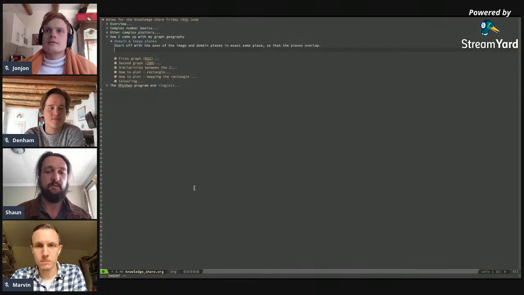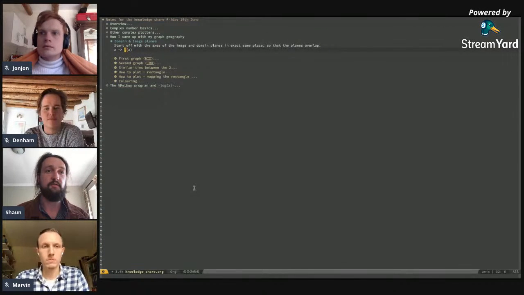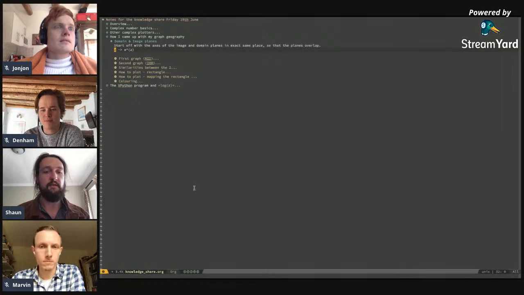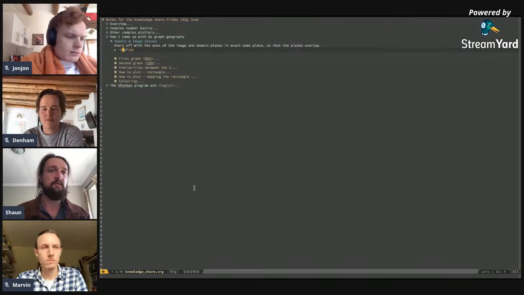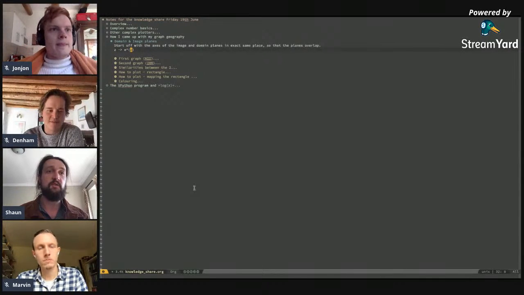So you might have Z gets mapped to f of Z, some function of Z, maybe e to the Z. Over here is the domain, and over here is the image. All the points, which is basically the whole complex plane, get mapped somewhere, and with these functions specifically, both the domain and the image planes are the entirety of the complex plane.